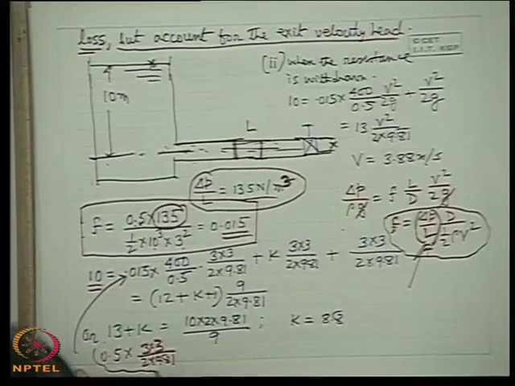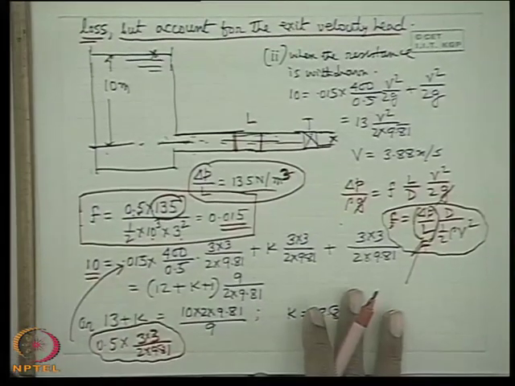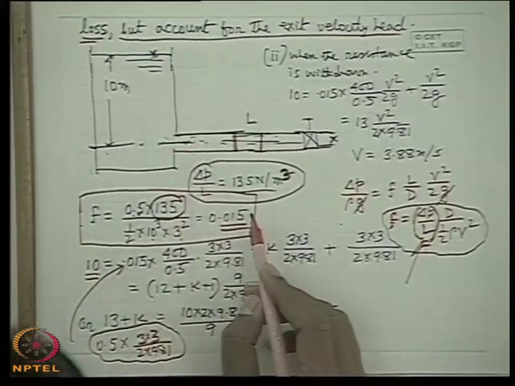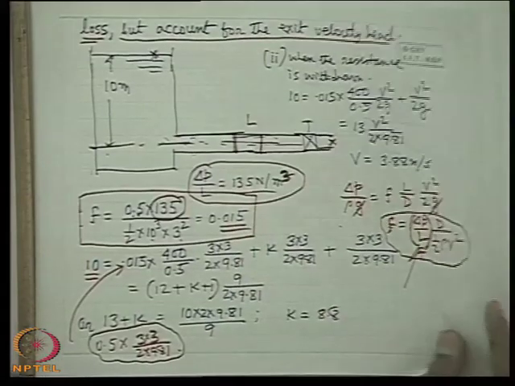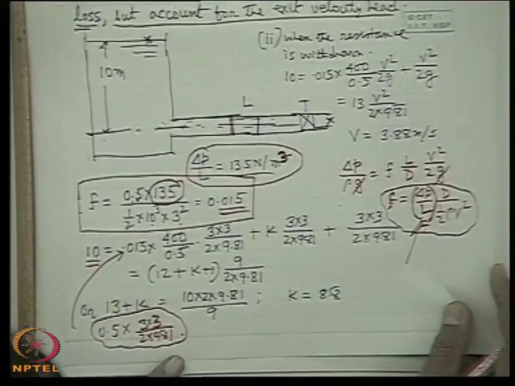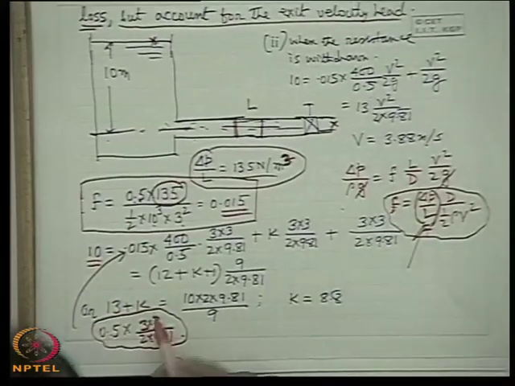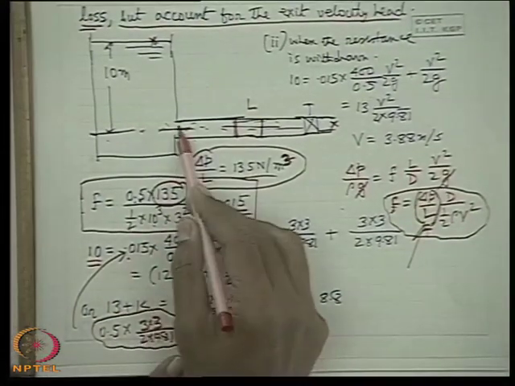Actually this could have been taken into account, but the problem categorically tells you to neglect entry loss. So in this case you should neglect it, otherwise people will think that you have just marked the formula and done it. So neglect the entry loss; 0.5 V square by 2G should come first, but you neglect it.